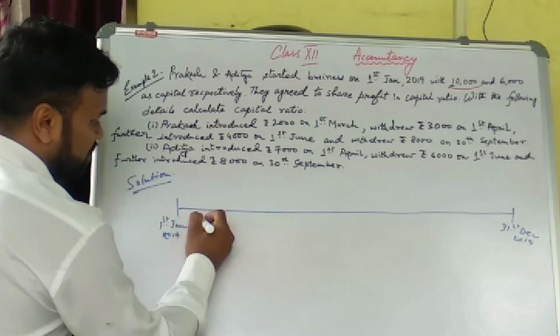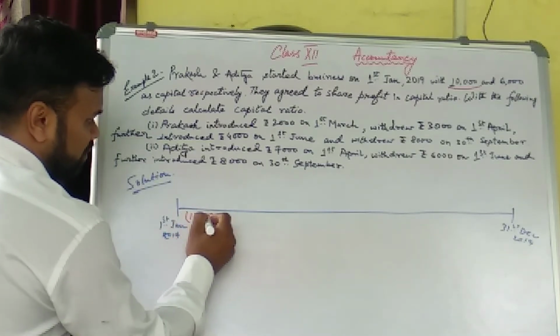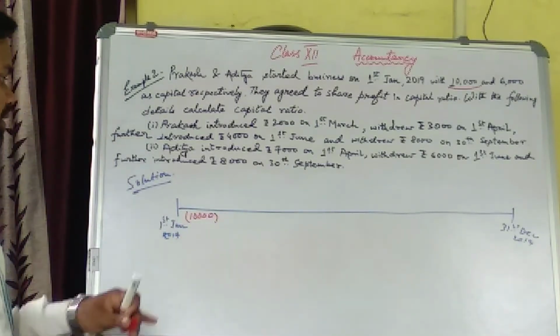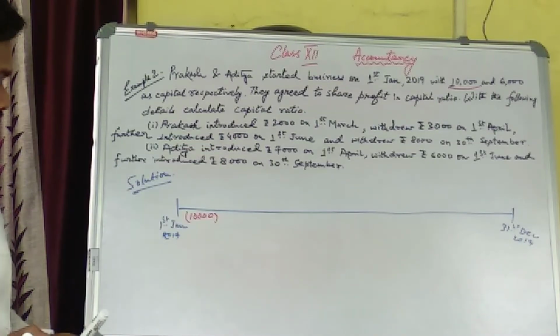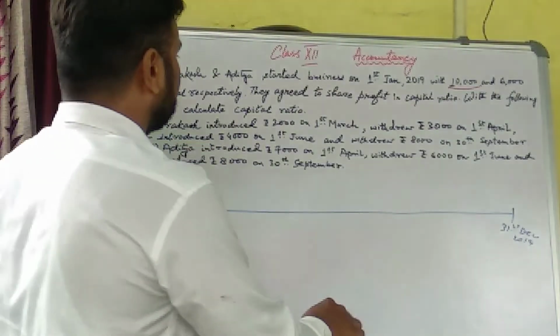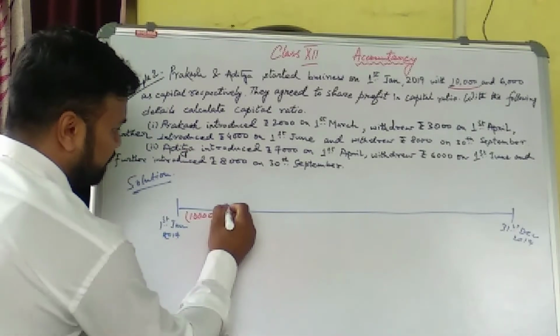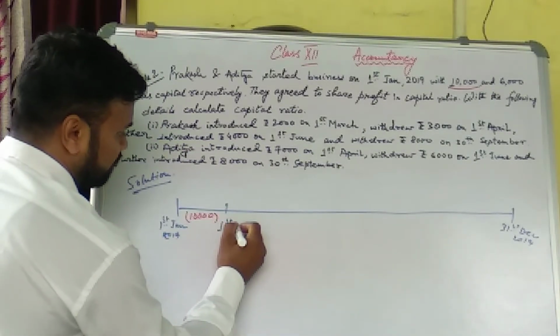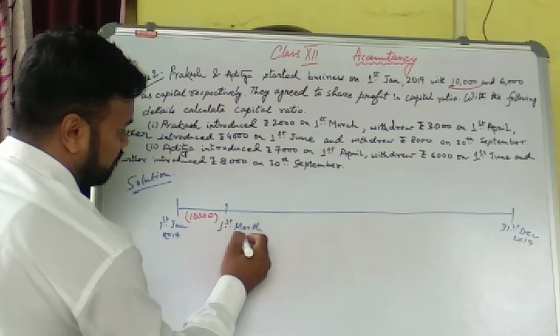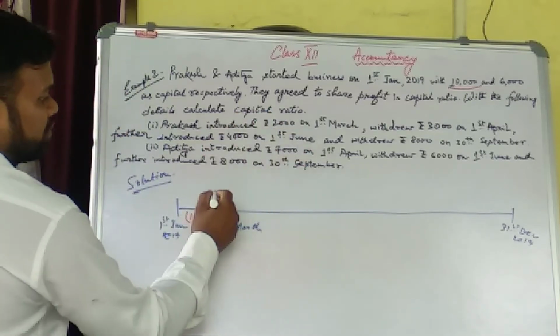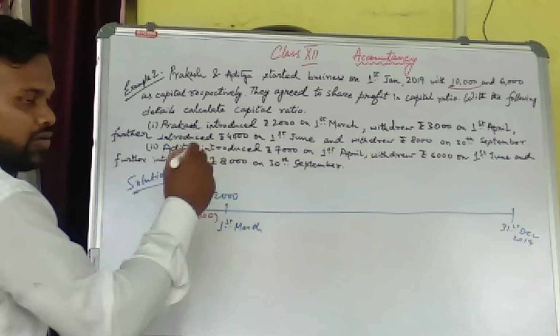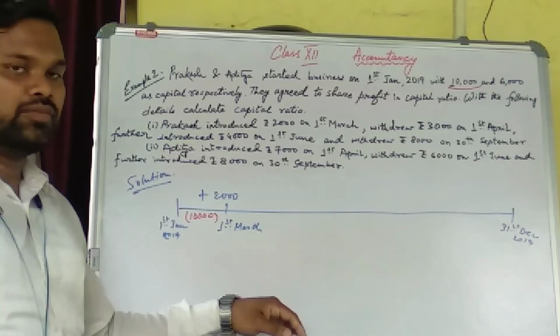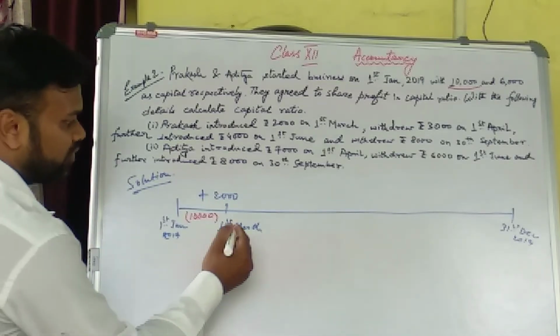So 10,000 is our capital that Prakash brought in. On 1st March, he introduced 2000 more. Means we are adding 2000 to the capital that he brought in. So that is 12,000, right?